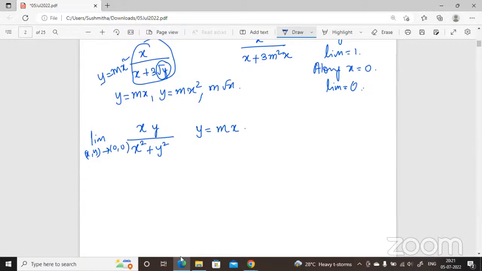In the denominator it would be m square x square. In the denominator we can take x square common, and in the numerator we can take x common. Yeah. So if you treat x and y as just a variable, the degree in the numerator is 2 and the degree in each of the terms in the denominator is 2. So you make this simple substitution and then you're going to eliminate it, right?